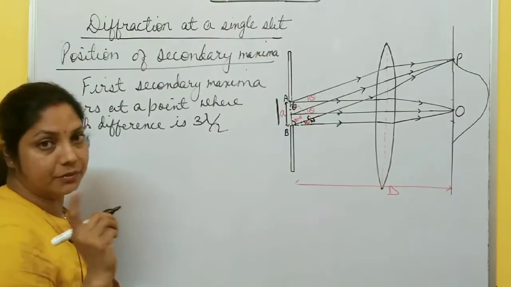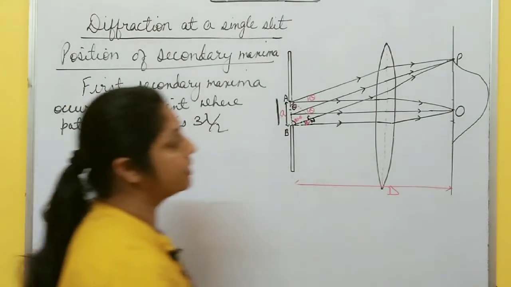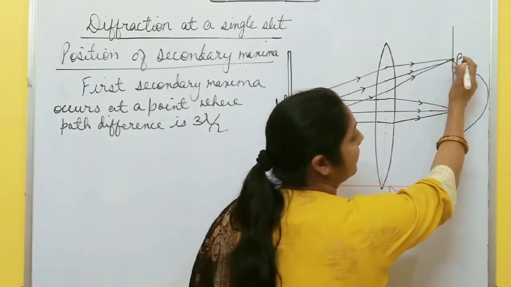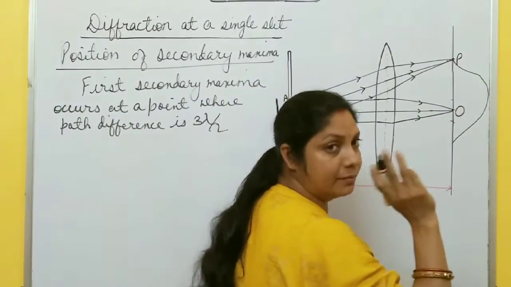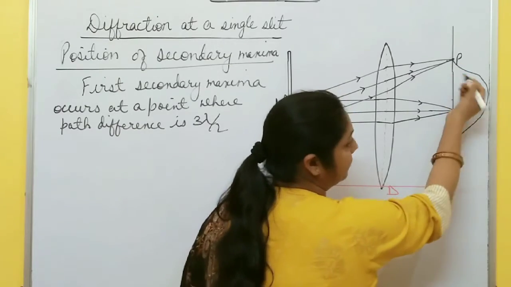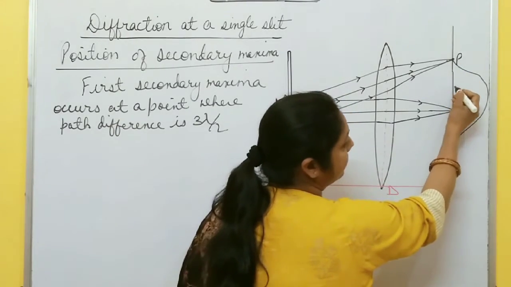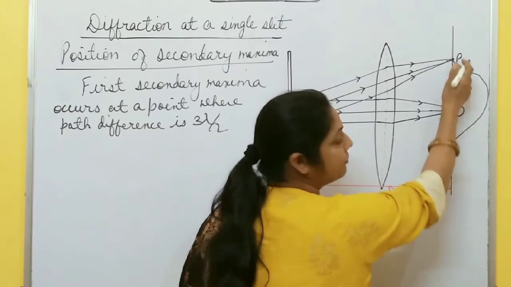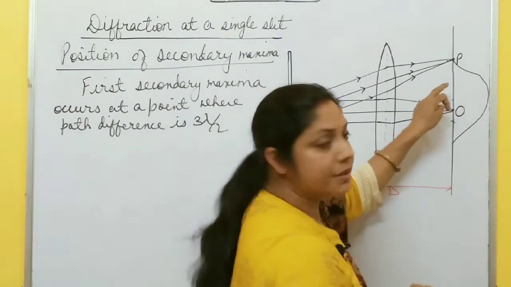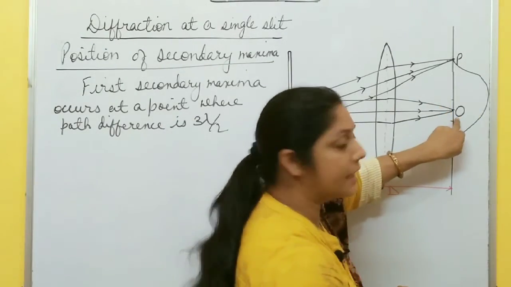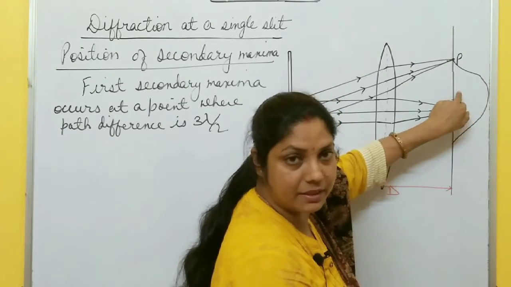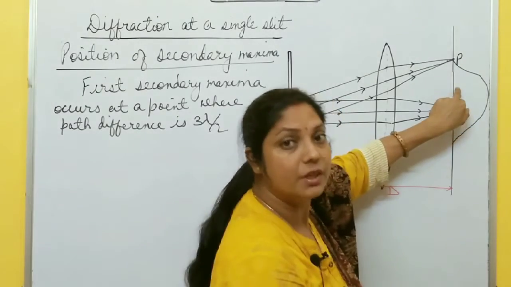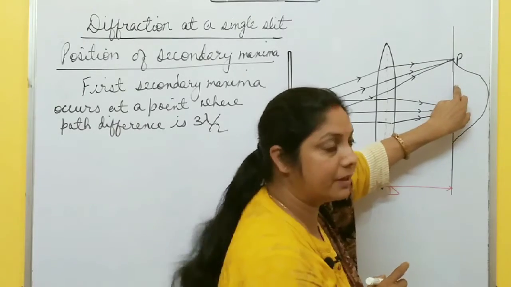Not lambda by 2, just the opposite of interference, because you know first minima occurs when the path difference is lambda. So if the path difference is lambda by 2, it means between the central fringe and first minima. How is it possible? The central fringe is already there. After that, how is first secondary maxima formed? This is not the position of first secondary maxima, lambda by 2.